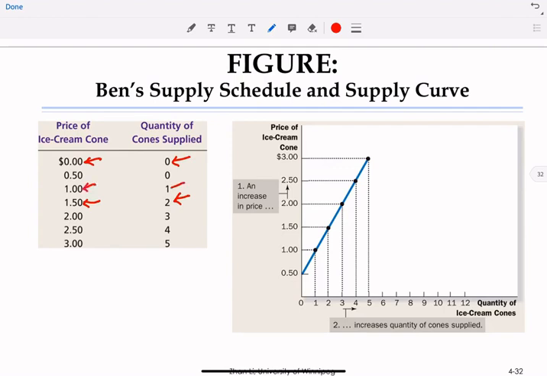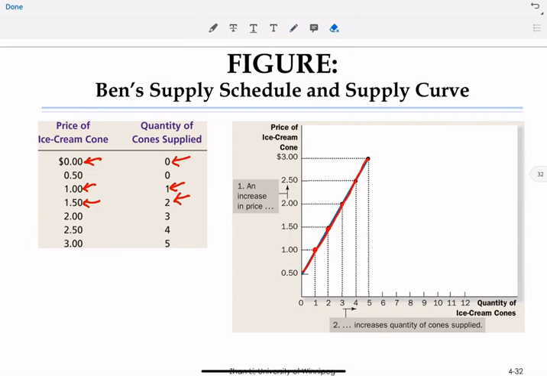Then quantity supplied is 1, so we get this point. And if the price is 1.5, then quantity supplied is 2. So by the same steps, right, we could draw out all these dots. And then we connect these dots. And this gives us the supply curve.